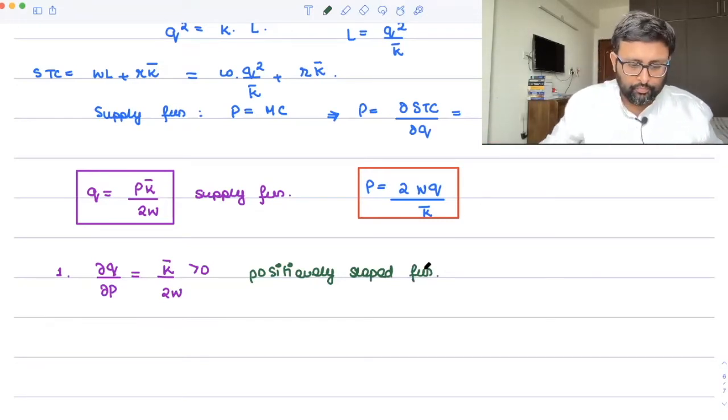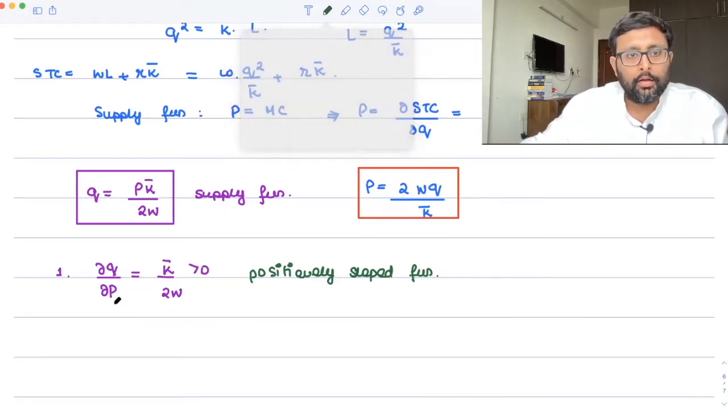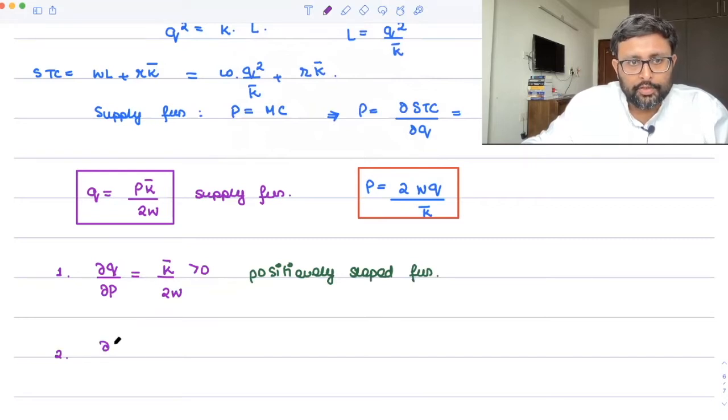Second, if the wage rate is going to increase, del Q by del W, right? So PK bar upon 2, that is a constant, and this is W to the power -1.